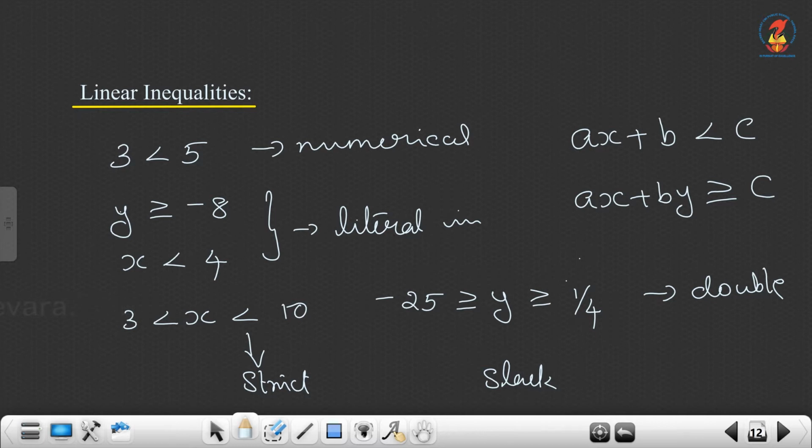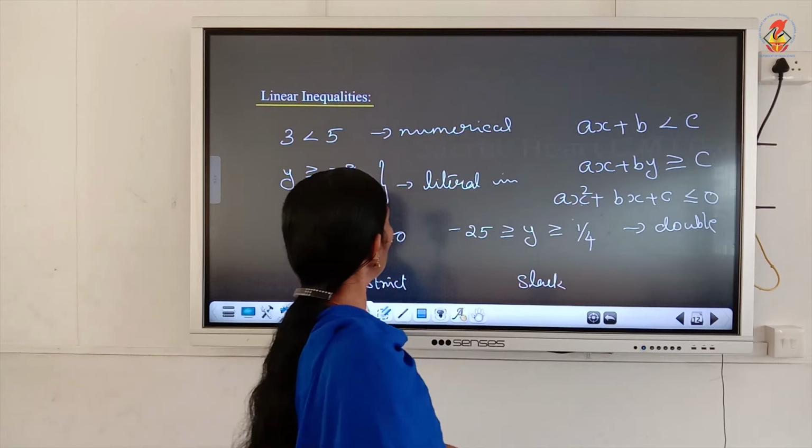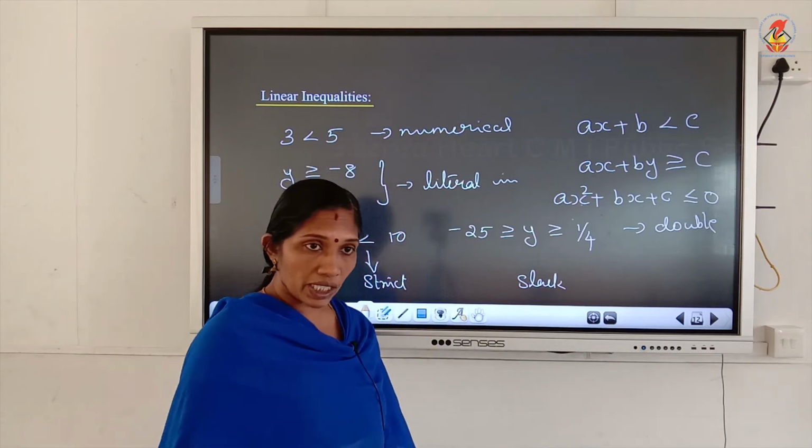Now, quadratic inequalities, standard form ax square plus bx plus c less than or equal to 0. So this is a quadratic inequality. So, there are different types of inequality. First, what is an inequality?